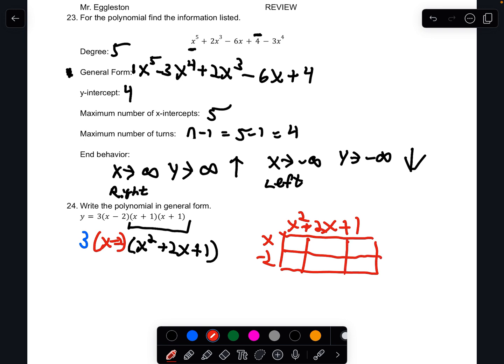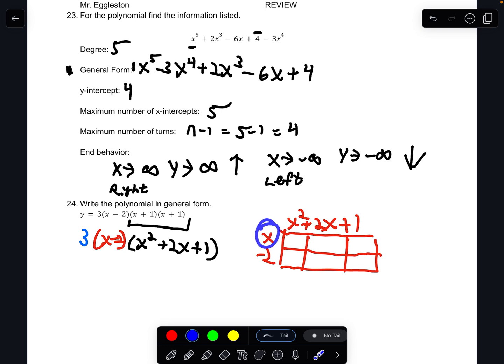So in the first box, it's x times x squared is x to the third, and then it's x times 2x, and that's 2x squared, and then it's x times 1, and that's x.